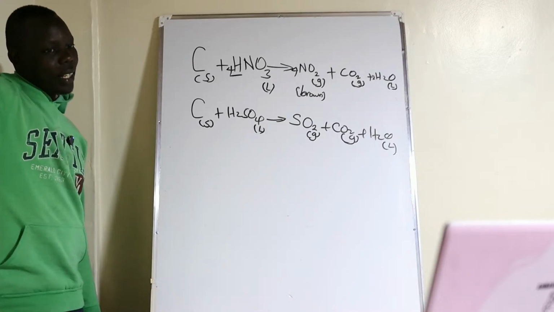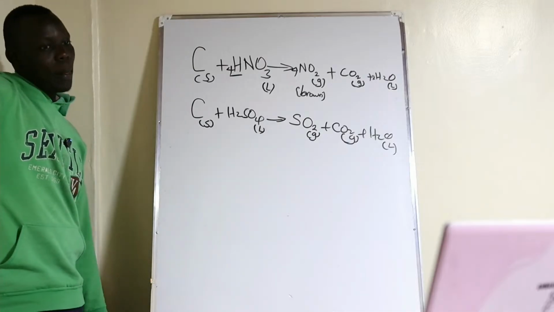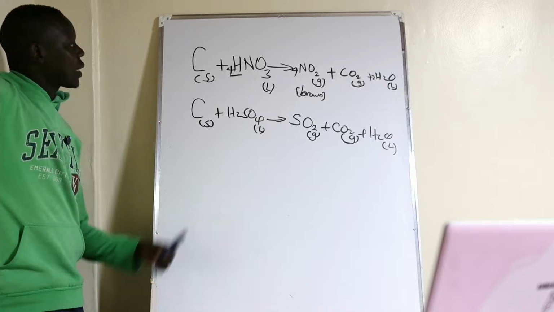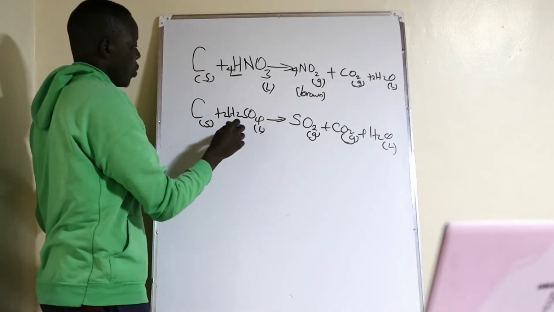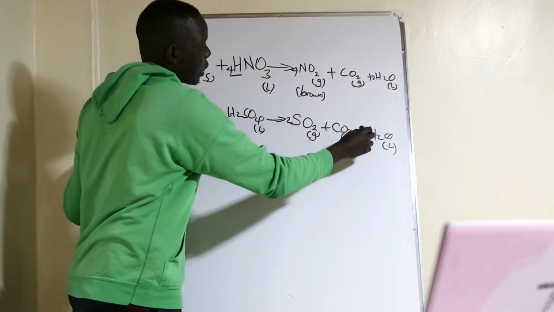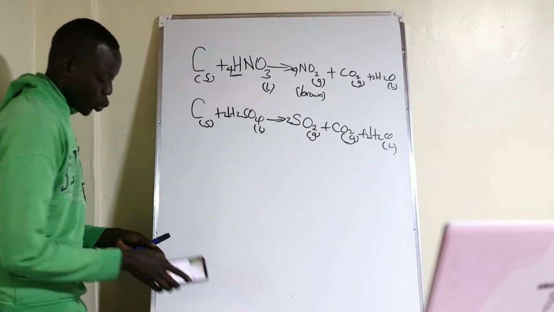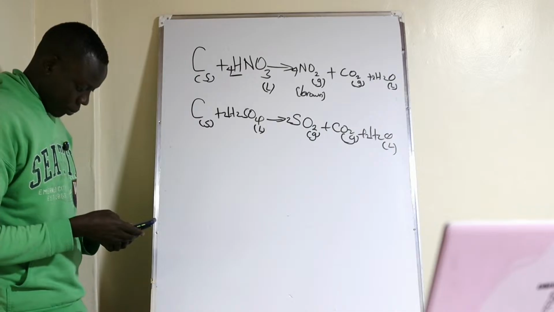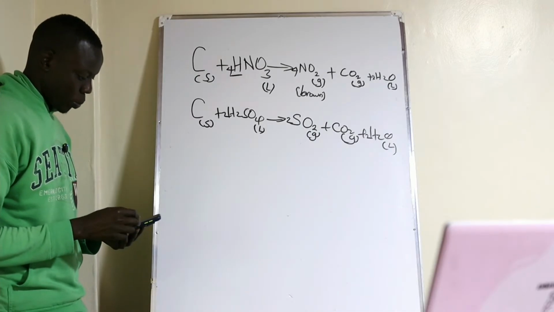Now we are there. Can you balance that equation? What do you place where? Just like the third one, you can place 2 here, place 2 here, then place 2 at that point. Check if it is balanced, otherwise tell me what you want us to place where.